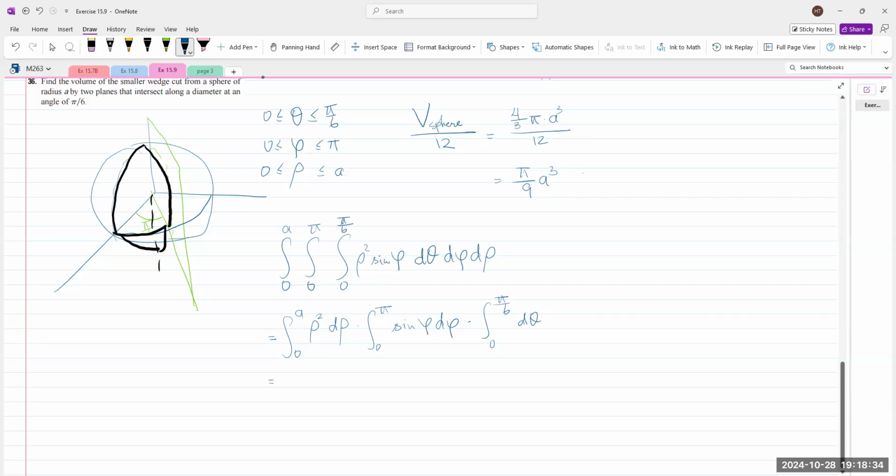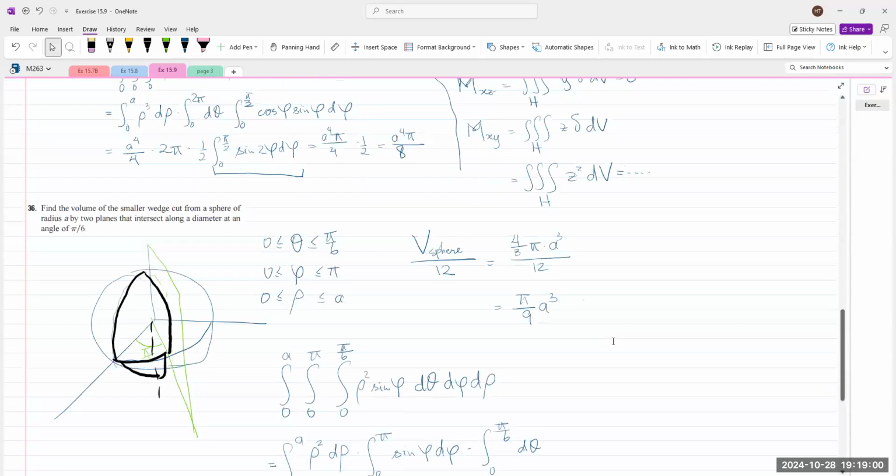This will give us a cubed over 3. This will give us 2. And this will give us pi over 6. Yeah, that's what we get. Pi a cubed over 9. Yay! Okay then. That's for this one here.